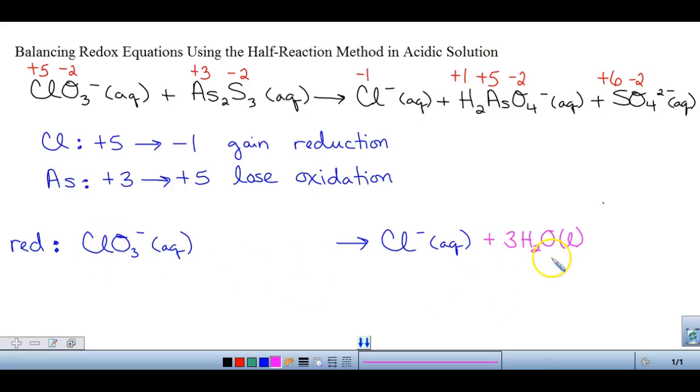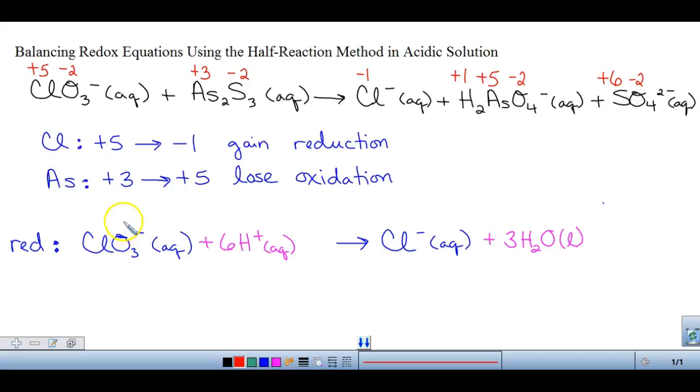So that's balanced. But now I've added hydrogen atoms to the product side. So to take care of that, on the reactant side, I'm going to add the needed number of hydrogen ions. That's 6, so I'm adding 6 hydrogen ions. And then before I declare this to be a balanced half reaction, I'm going to have to check the charges.